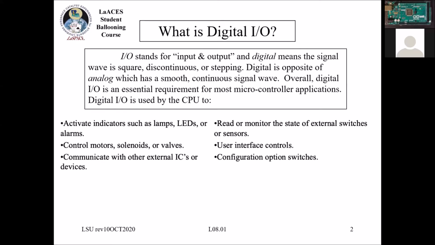So we usually use I/O to stand for input and output. And digital, as we discussed last time, means that it's an on and off value.